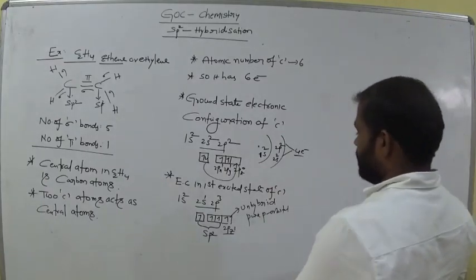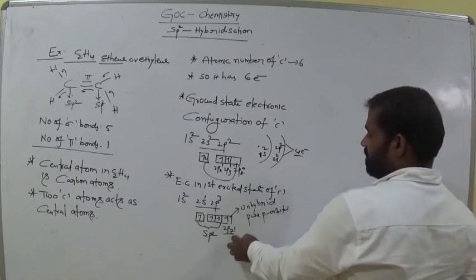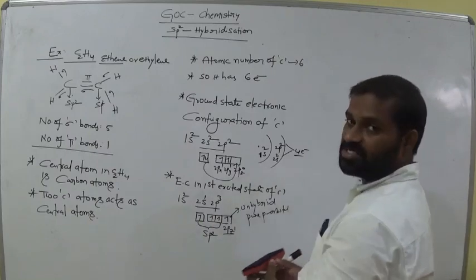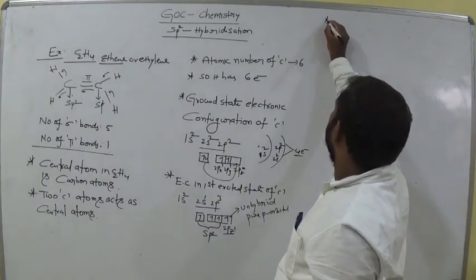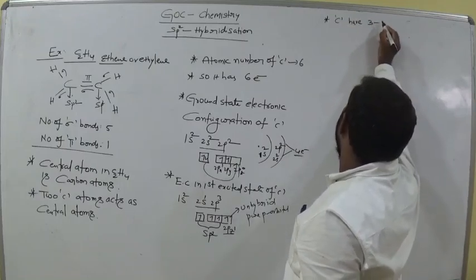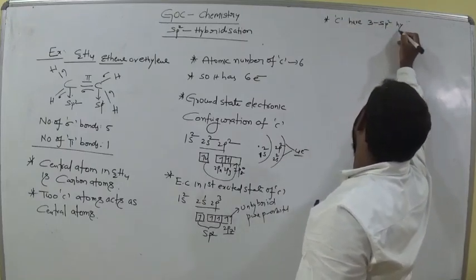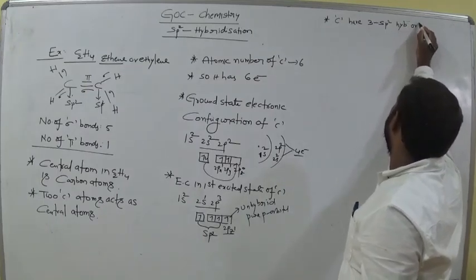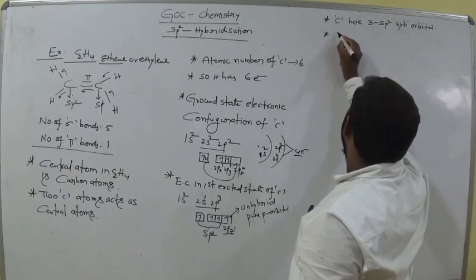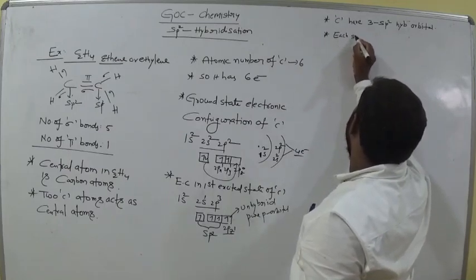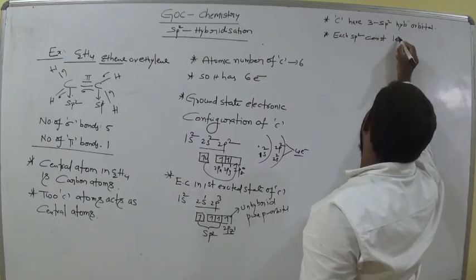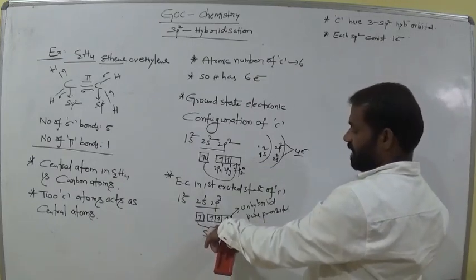It is an unhybrid p orbital, not participating in the hybridization. So one s orbital and 2 p orbitals undergo intermixing. It gives, now carbon has 3 sp2 hybrid orbitals. Am I right? Each sp2 consists of 1 electron. 1, 2, 3 electrons here.